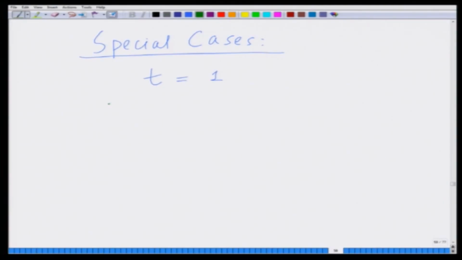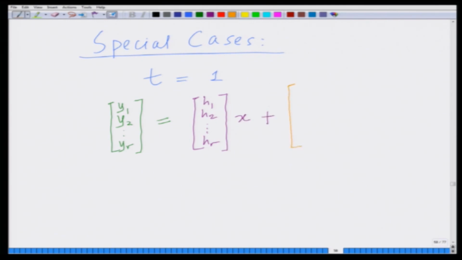Therefore, the model for this MIMO system can be expressed as y1, y2 up to yR equals h1, h2 up to hR times x plus w1, w2 up to wR, and we have already seen this model.